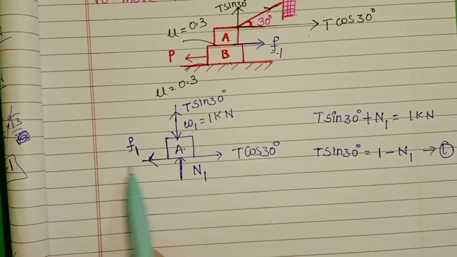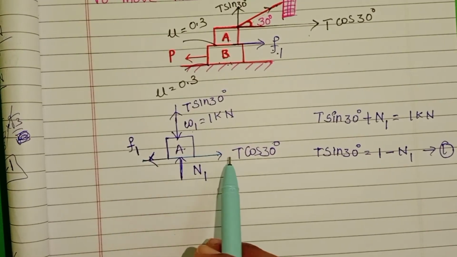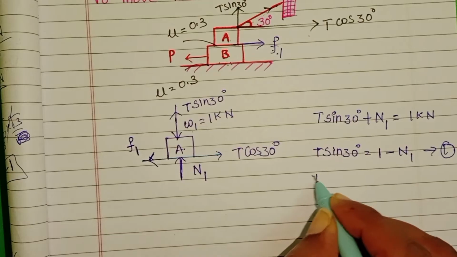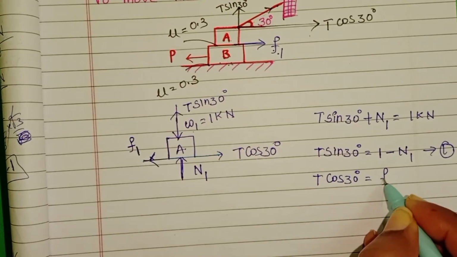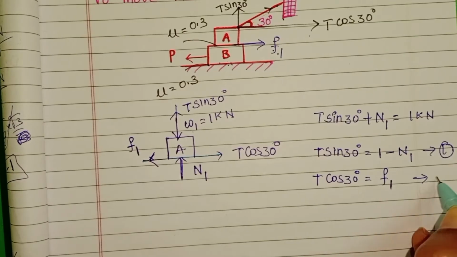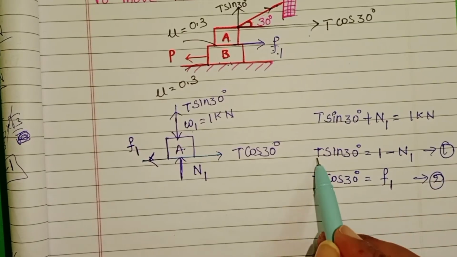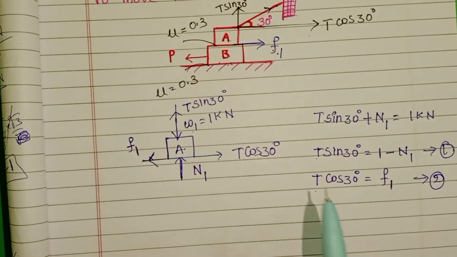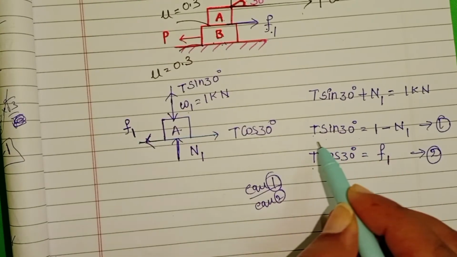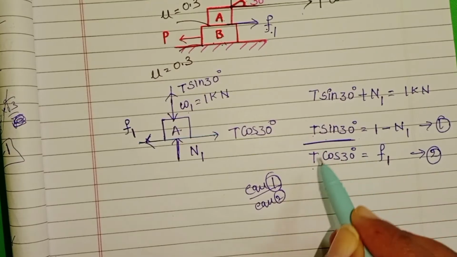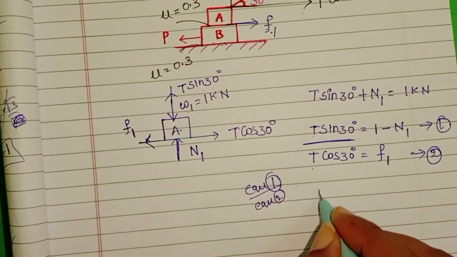In the same way, horizontally also in equilibrium position, T cos 30 is equal to the frictional force F1. Take this as equation 2. Here we don't know the value of the tensional force. So take equation 1 by equation 2. T sin 30 by T cos 30. T and T get cancelled.